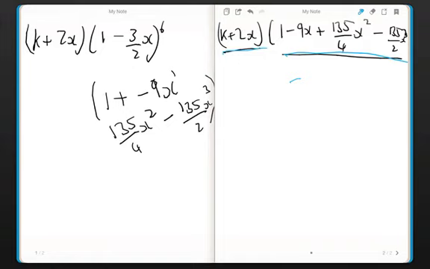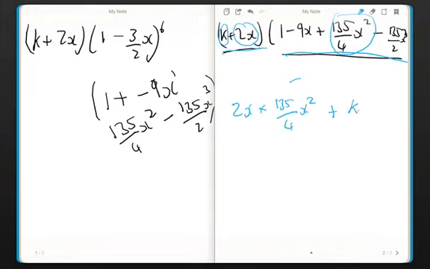For example, if you multiply an x term in this, that is, if you multiply this term and this x squared term, you'll automatically get an x cubed term. So let's keep that: 2x into 135 by 4 x squared. And if we multiply this k, which is a constant, as said in the problem, and minus 135 by 2 x cubed, you can also get another x cubed term.